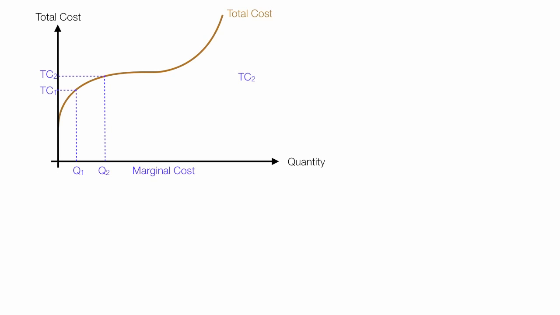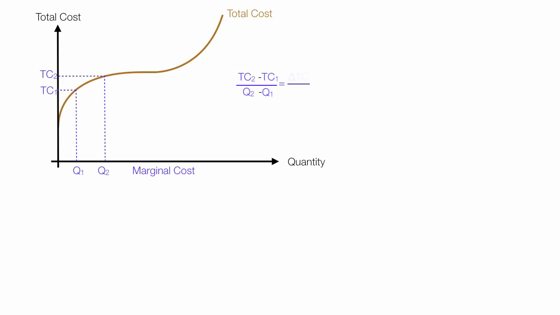To do this, I take the second total cost minus the first total cost, divided by the second quantity minus the first quantity. You probably recognize that this is the same as the rise over the run, which is equal to slope.